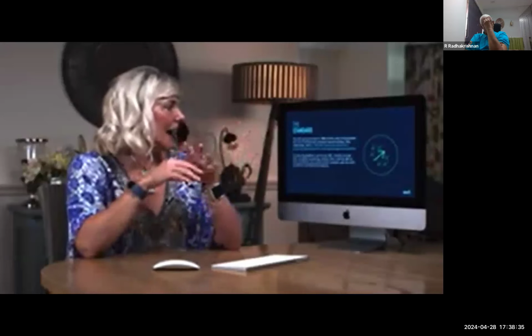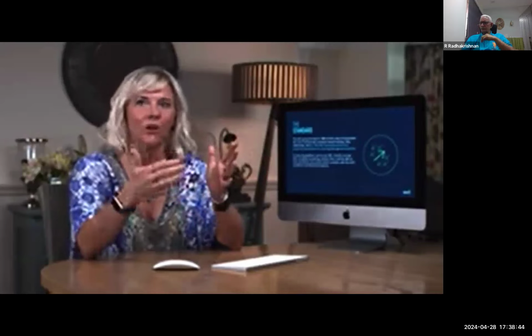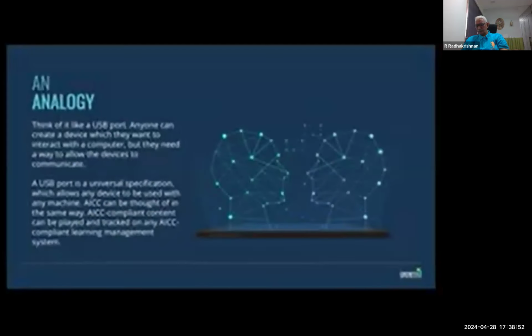SCORM arrived more or less at the same time as AICC, and the idea is that if you can build AICC into your learning platform, then you get a standardized way of reporting, just in the same way as you do with SCORM and xAPI. So think of it kind of like a USB port.